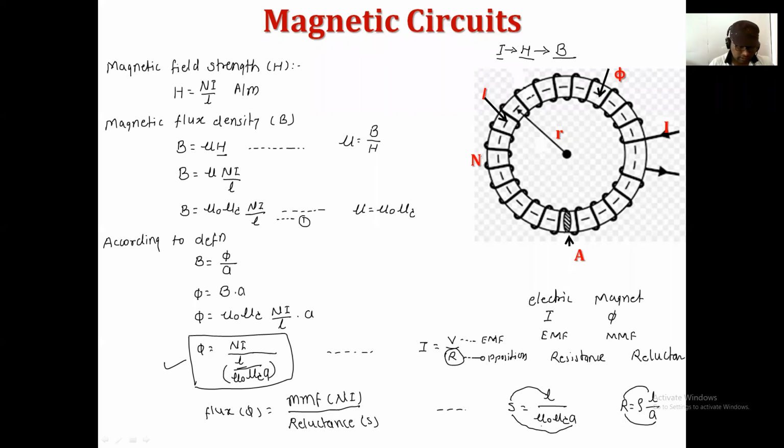Now I will erase everything, and please make the title in the notebook, magnetic circuit, and try to draw this diagram. Once again, we will derive the same derivation, but you can now write along with me. So for that, in the notebook, please make the title magnetic circuit and draw the circuit diagram.